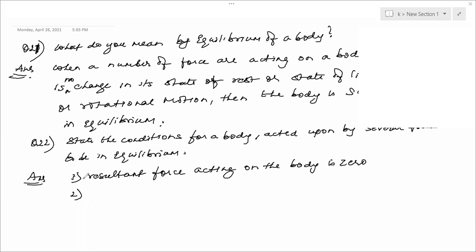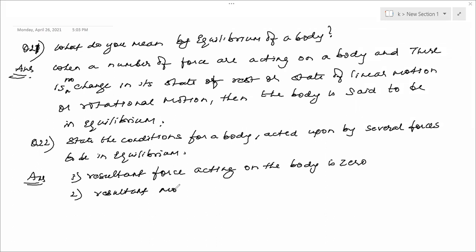Secondly, the second condition. Equilibrium is the state of rest or state of linear motion or rotational motion. Rotational motion is brought about by the movement of forces. So the resultant movement of force about a point is 0.